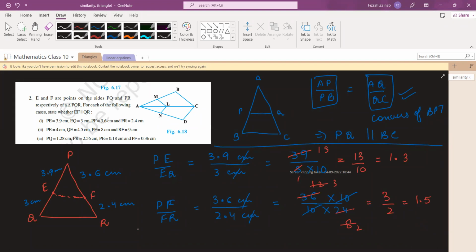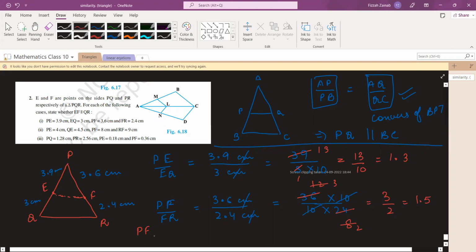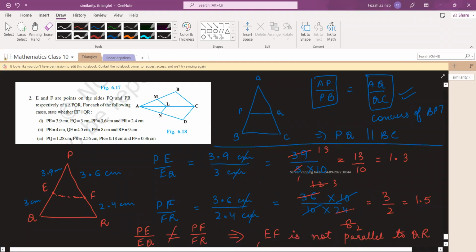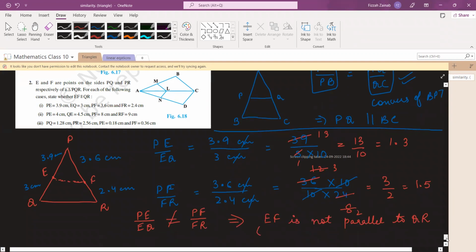So we say that PE upon EQ is not equal to PF upon FR. So this implies that EF is not parallel to QR, and in bracket you will write by converse of BPT.